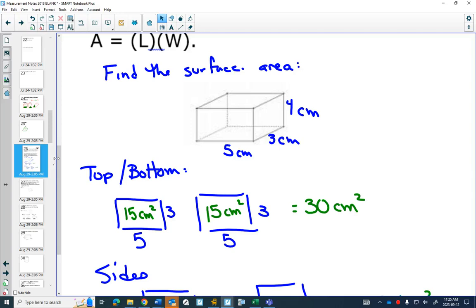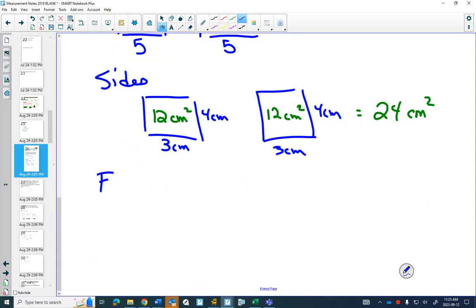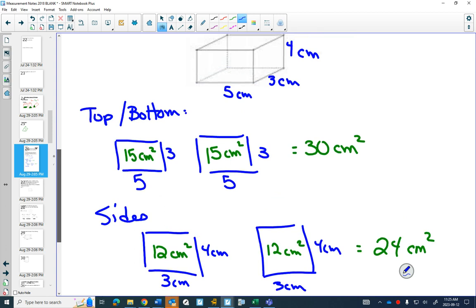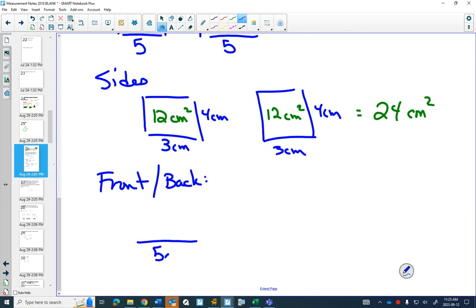I've done the top and bottom and the sides. Which ones haven't I done? The front and the back. Then I look at my picture. What does the front and back look like? That would be 5 here and 4 there.